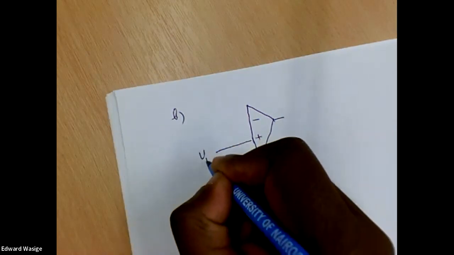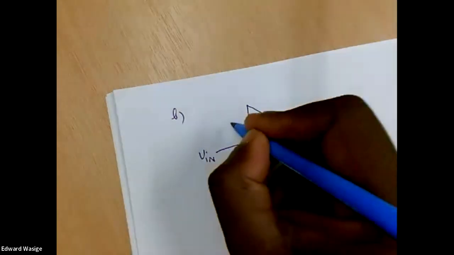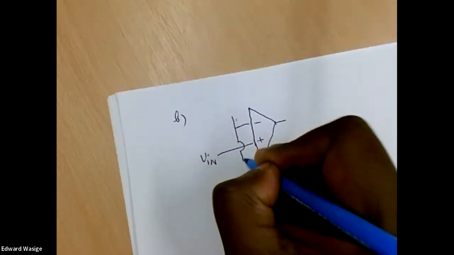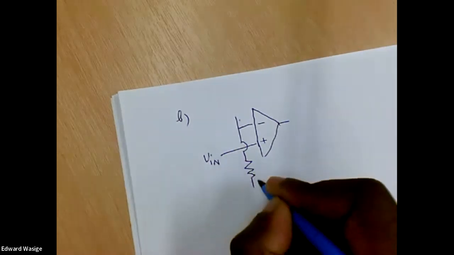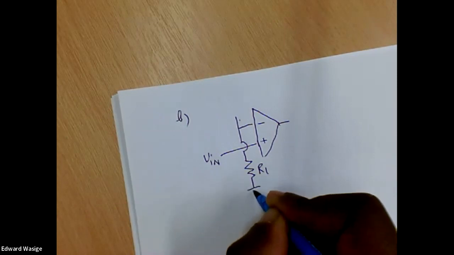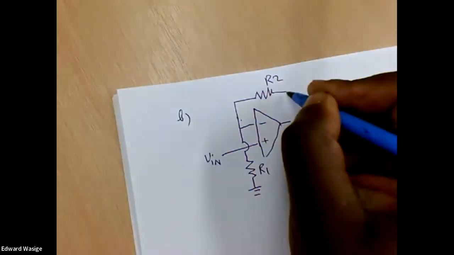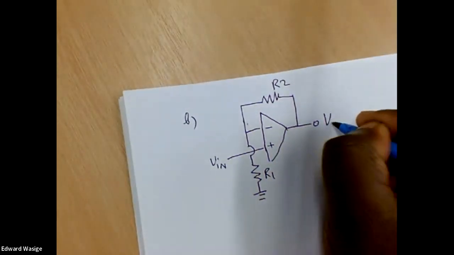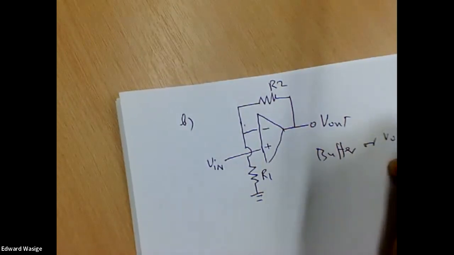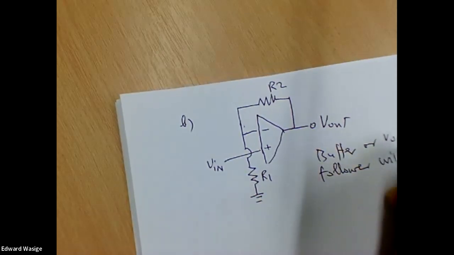If this is V in, this is how we do the amplification for V out. We choose two resistors: this is R1, which we ground there, and here we put a feedback resistor R2, and our output looks like that. So this is a buffer or voltage follower with amplification.